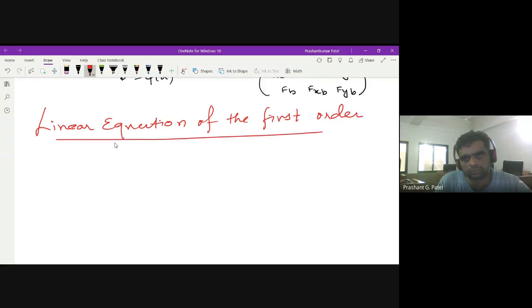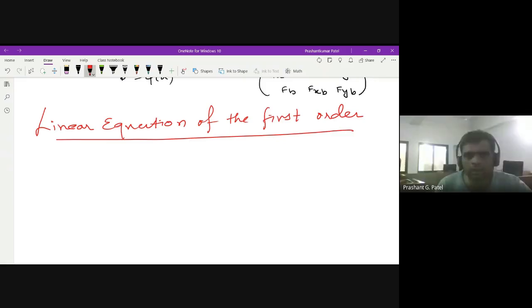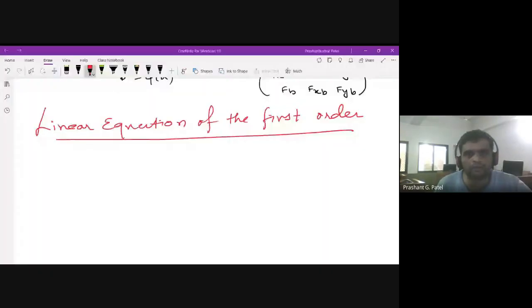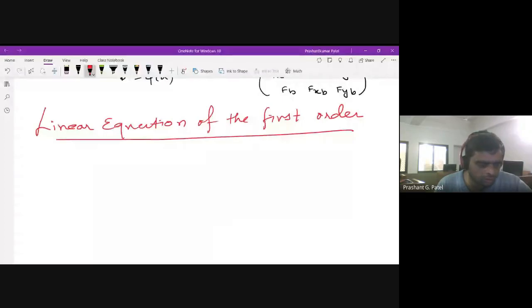As we have already defined in one of the previous videos, where we were talking about the quasi-linear equation and how to find the general solution for the quasi-linear equation.